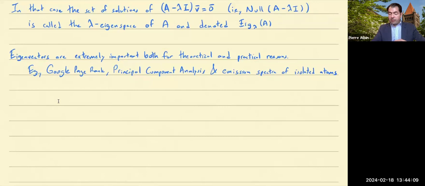Finally, emission spectra of isolated atoms. So if you have an isolated atom or an isolated molecule, this gets modeled in quantum mechanics by an operator on a Hilbert space. You can think of that as being a lot like the differential operators we've been studying earlier in the semester, but you can also think about it as being some sort of infinite matrix.